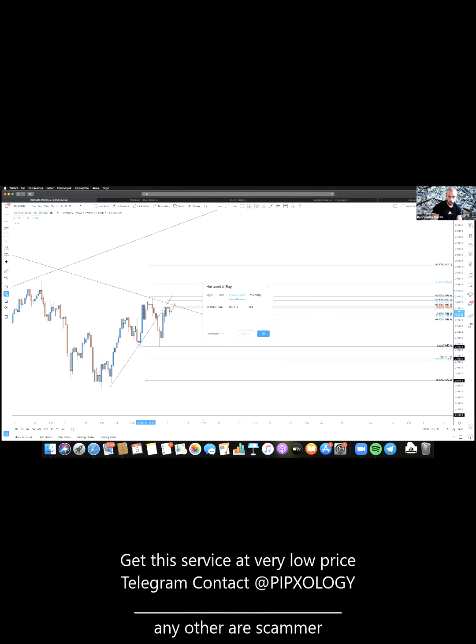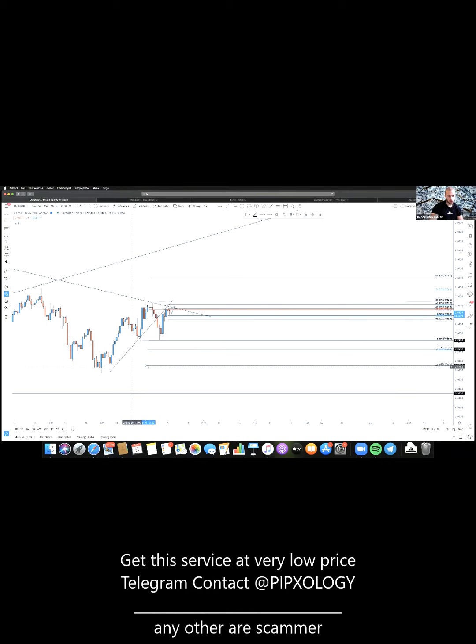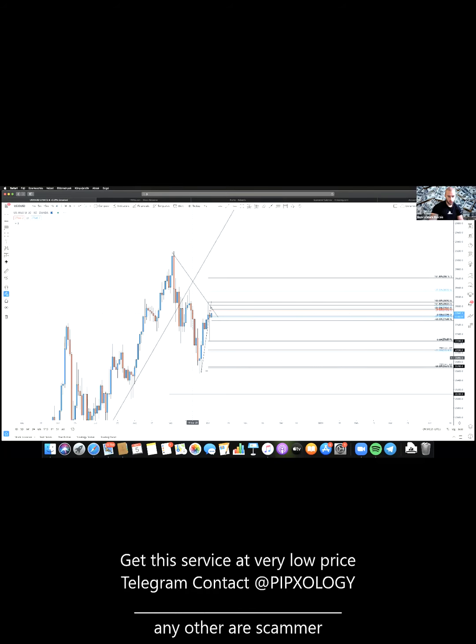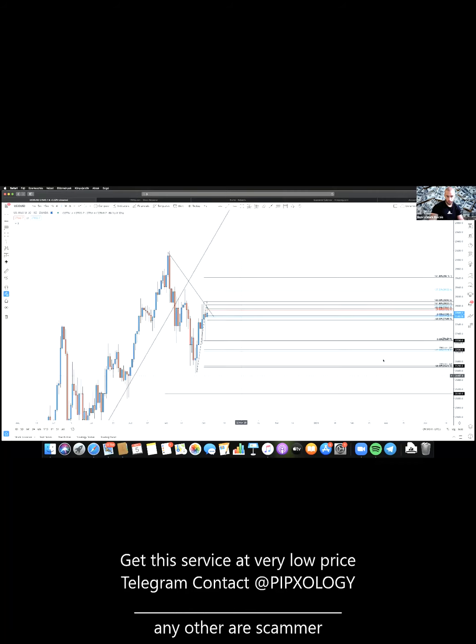TP3 is the minus 68. And after, I think we can expect some bigger pullback because there is the last low on the daily time frame, and it's also looking like a strong level.